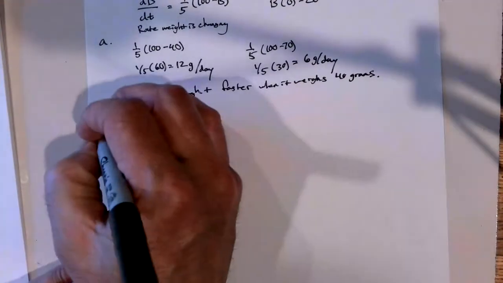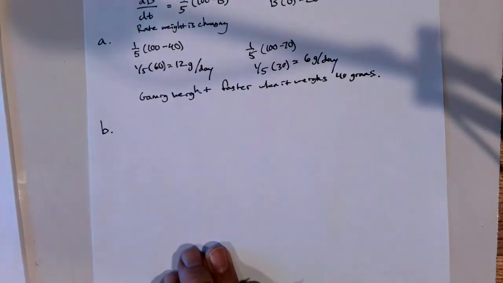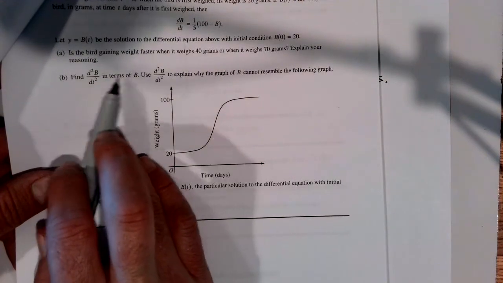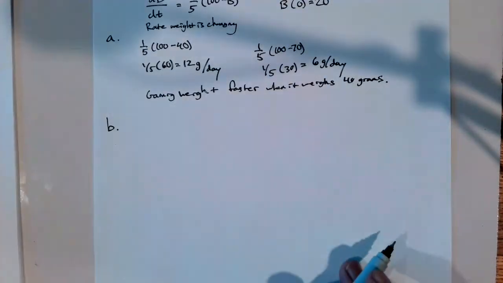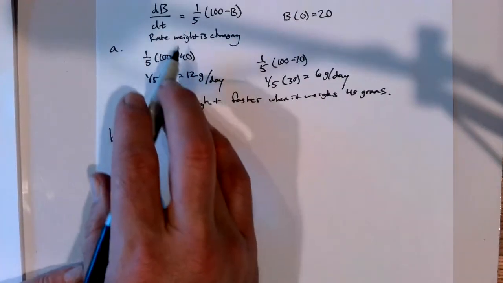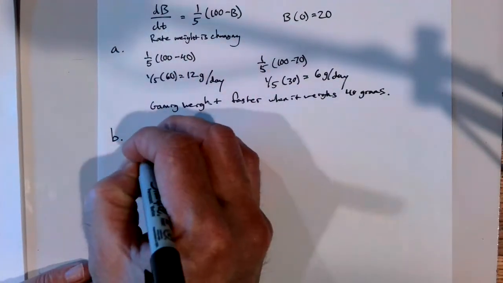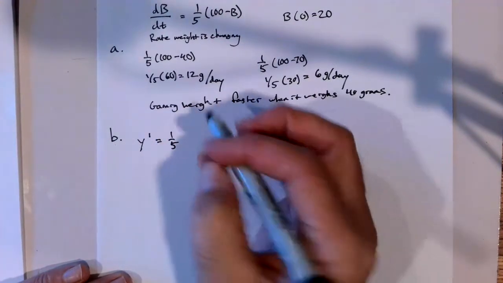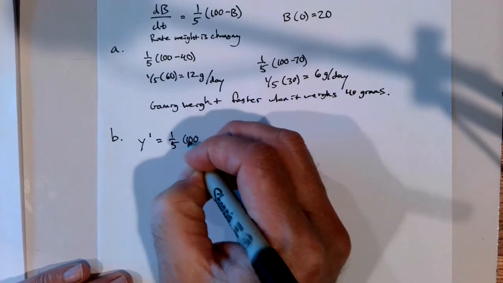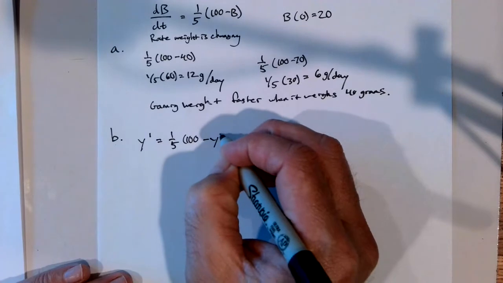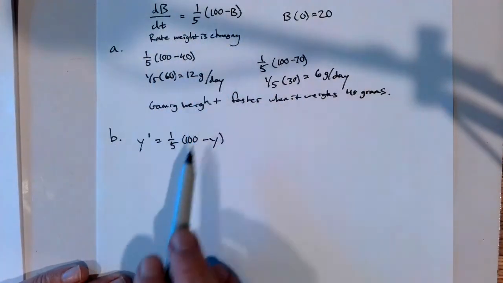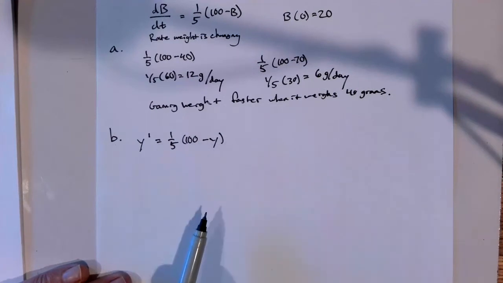All right, part B, this is where it gets a little bit complicated. It says find, this means the second derivative in terms of B. And I'm going to rewrite this up here so you understand. That's really another way of saying y prime is equal to 1/5 times 100 minus y. So the derivative of b with respect to t, it's like there's a y in both situations.